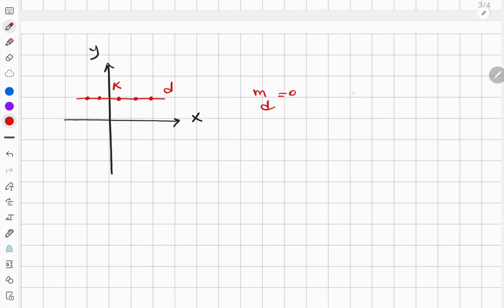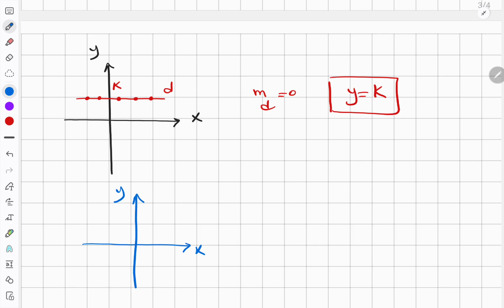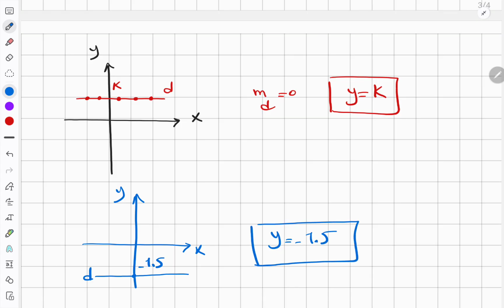So the equation is y equals k. For example, this point is -1.5, so the equation is y equals -1.5. This is the equation of line D.